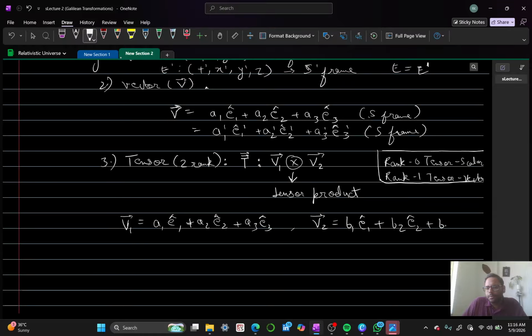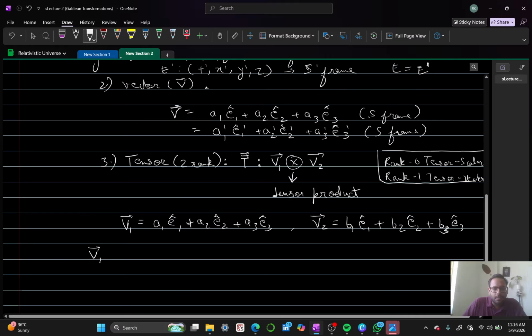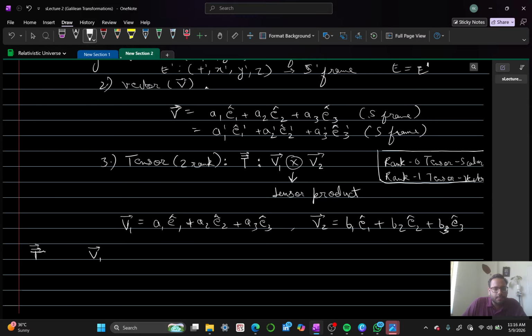And you know what these e1, e2, and e3 are? These are unit vectors. Now, what is the tensor product of these both? I'm constructing a second rank tensor using these two vectors with a tensor product.